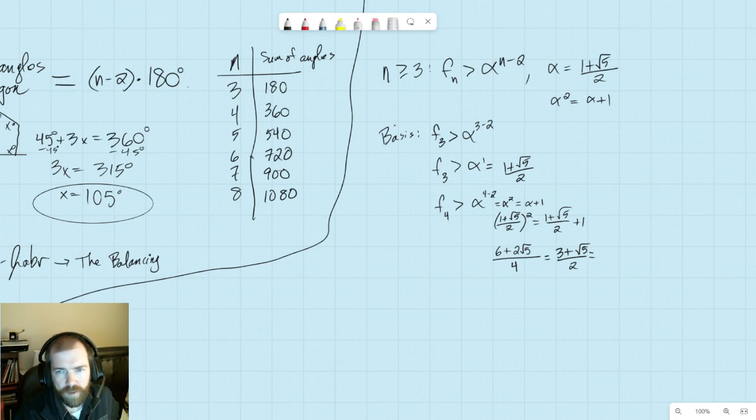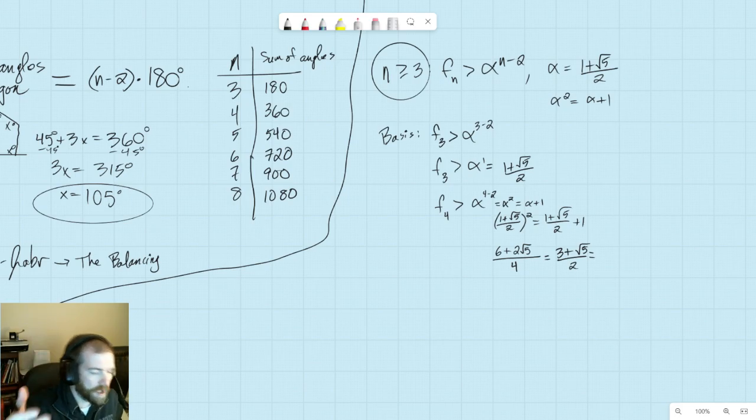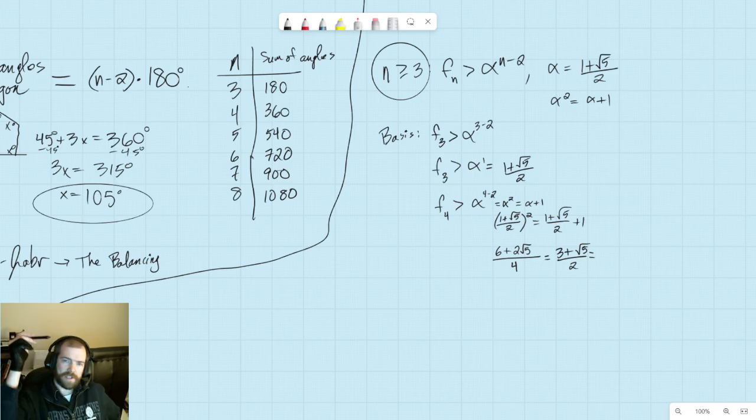You can't start with any prior values, because that's just not going to work. It was stated at the beginning that n has to be greater than or equal to 3, so f sub 3 is the first number that we can actually use the formula for. If we go back a step to f sub 2, then that's equal to 1, which is alpha raised to the 0 power.